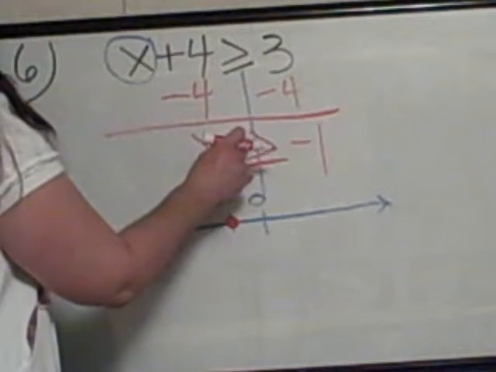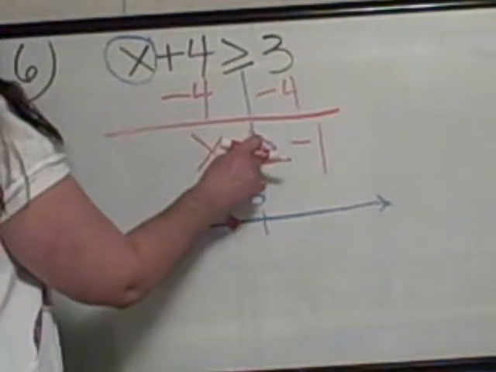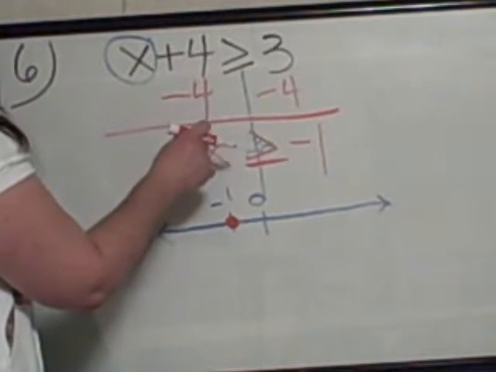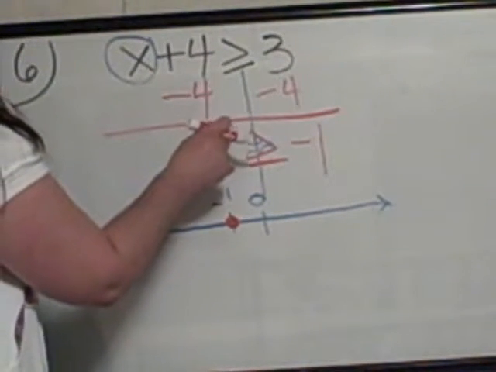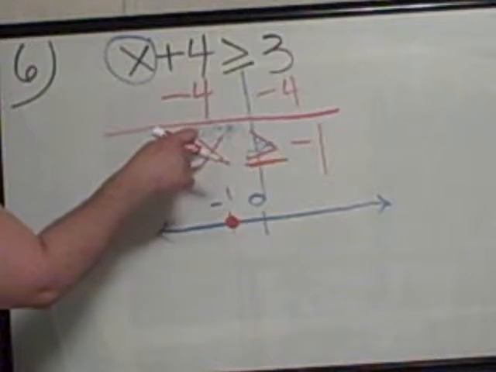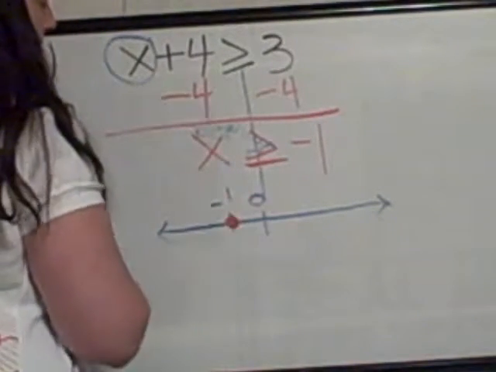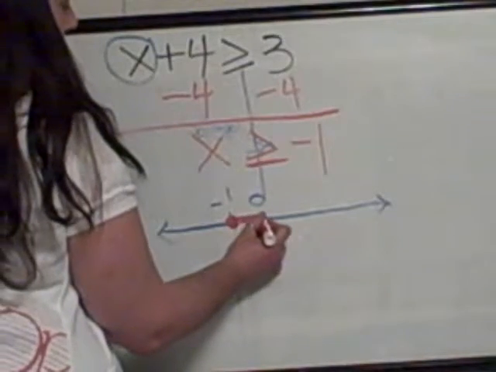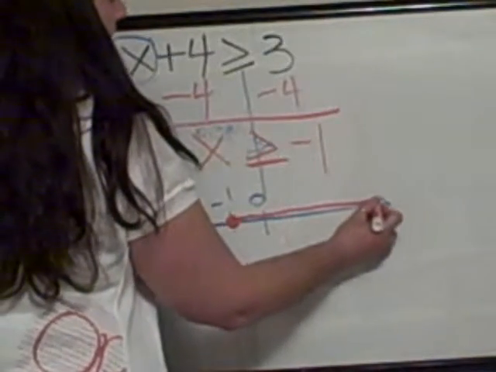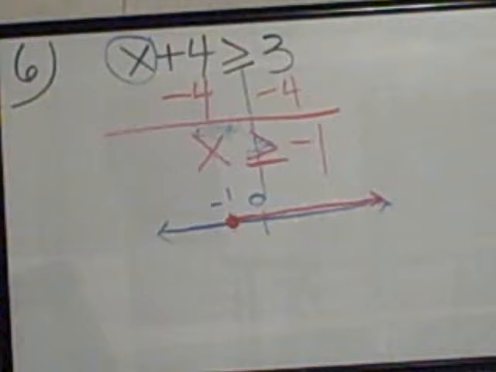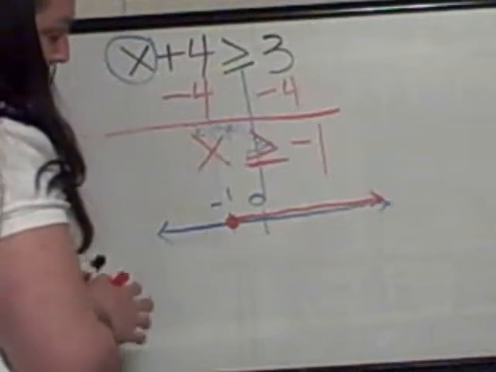Remembering this symbol is going to eat the bigger number, I realize that this one over here is bigger, which is my variable. A number bigger than negative 1 is 0, 1, 3, 5, 100. All of the numbers to that side of the negative 1 are bigger than negative 1.